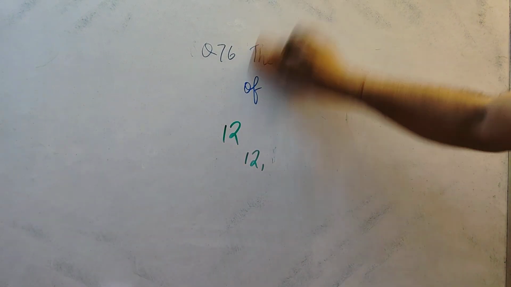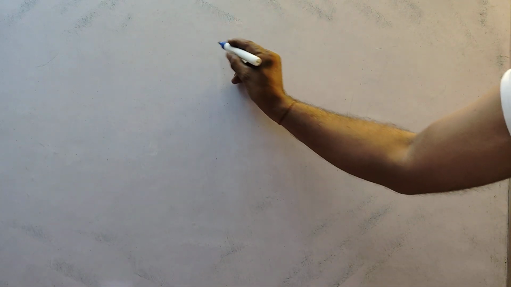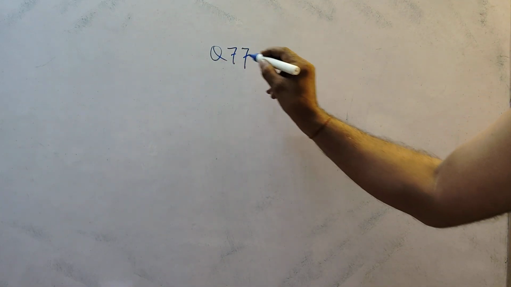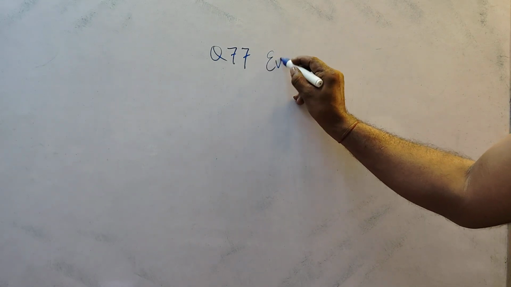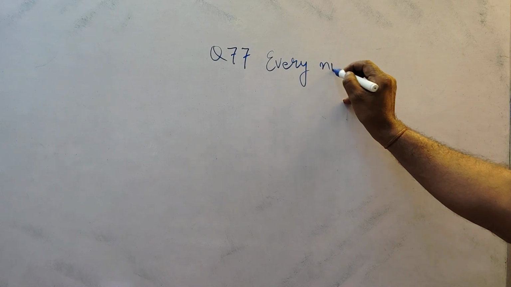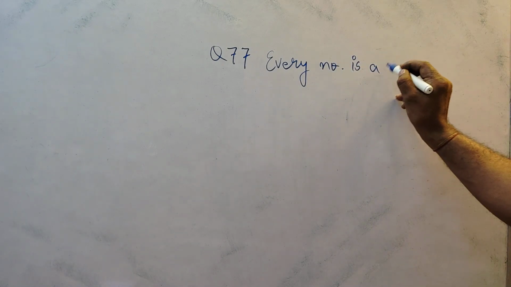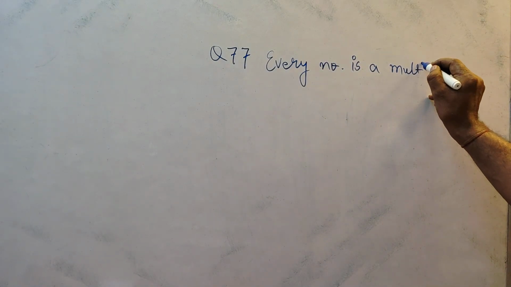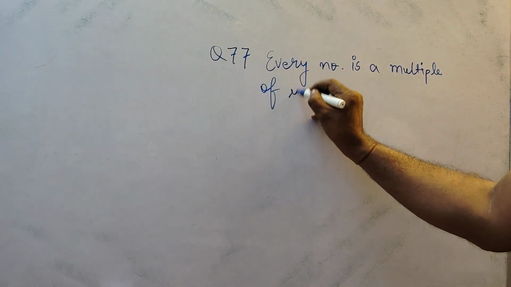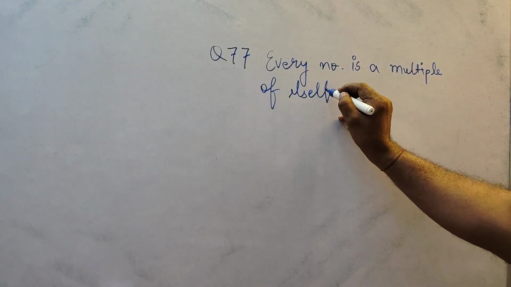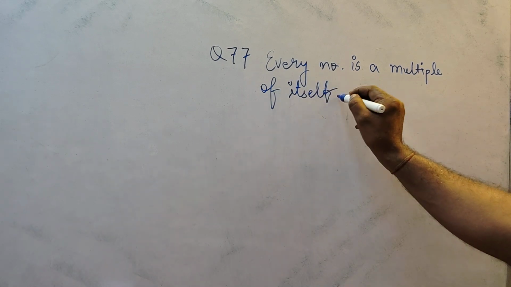Next, question number 77. Every number is a multiple of itself. This one is true.